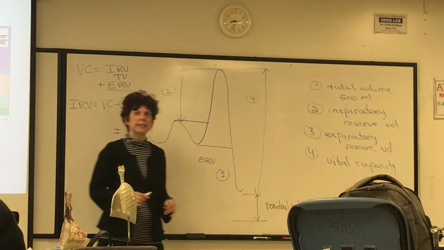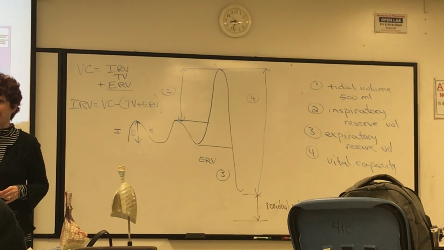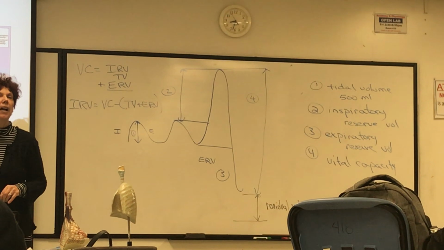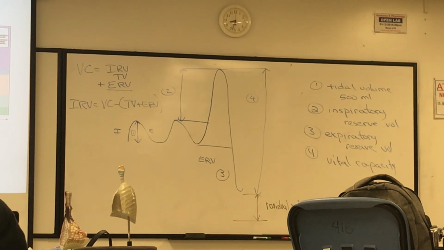Only way to figure that out is to fill your lungs up with water and pour it out and measure it. Nobody's willing to do that. So this is close to what I talked about on Tuesday night as anatomical dead space. So you're never going to get your airways to actually collapse. All right, so that component is what we see with residual volume.